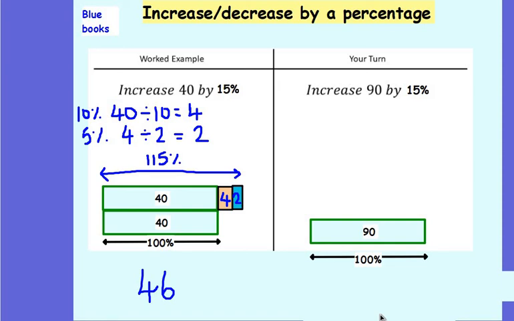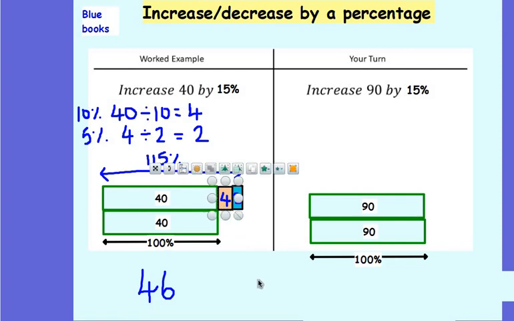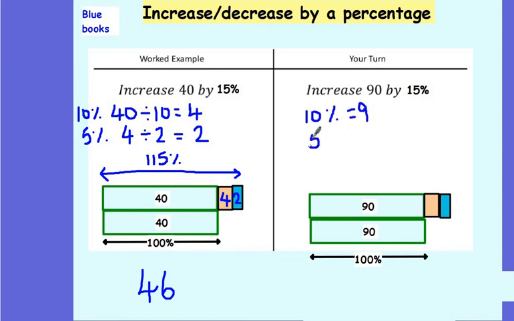Right, let's go through the answer. This time I'm going to need 100% plus a 10% plus a 5%. We know that 10% was equal to 9 from our previous example. We can work out 5% by dividing that by 2, which gives us 4.5.